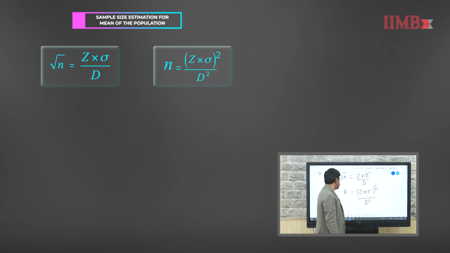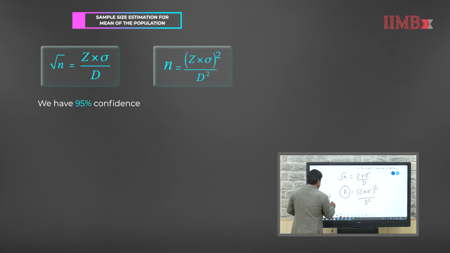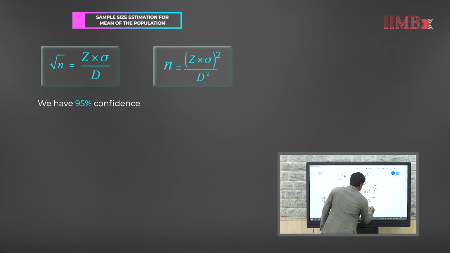So, what we do now is I want to find the sample size with certain confidence, right. Typically, we take the confidence as 95%, but nothing stops us from taking 99% or 90%. So, if I take confidence level as 95%, then your corresponding significance alpha will be 1 minus of that.